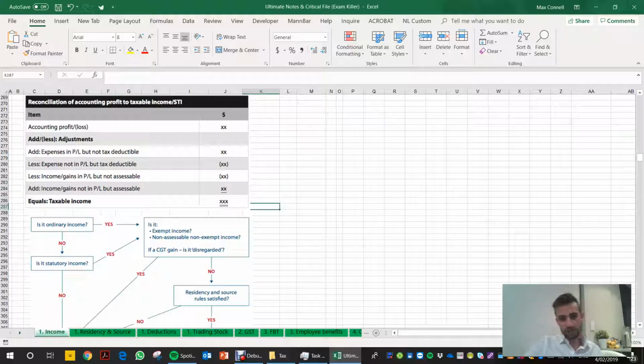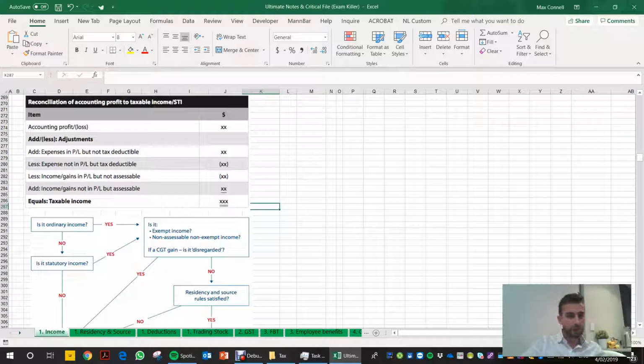We'll start off with our accounting profit, and for example we might add back accounting depreciation, because accounting depreciation is sometimes different to tax depreciation. It might be faster for one or the other. So we're going to add back our accounting depreciation, removing that expense, and then reduce it by the actual tax expense itself, depending on what the tax depreciation is set by the ATO.